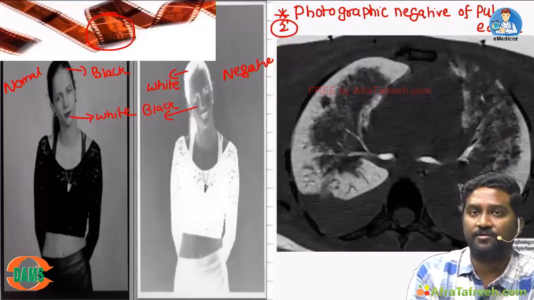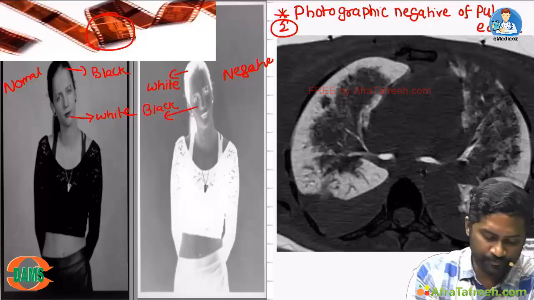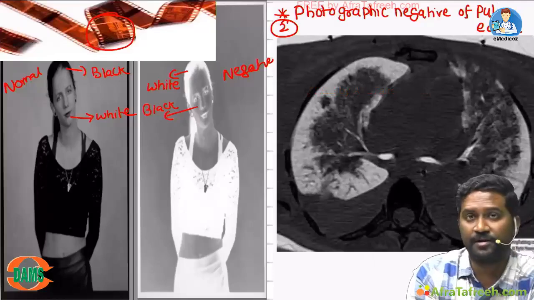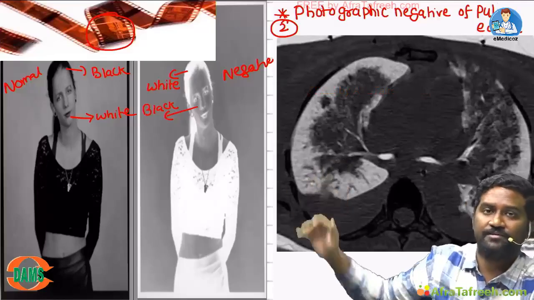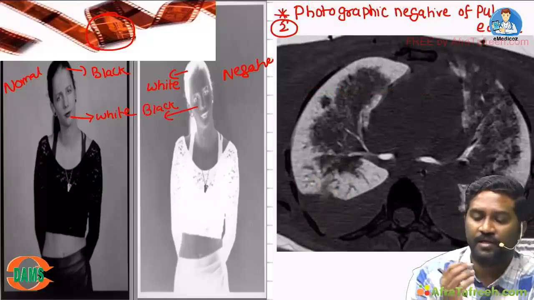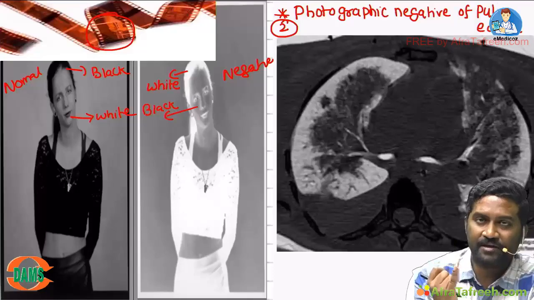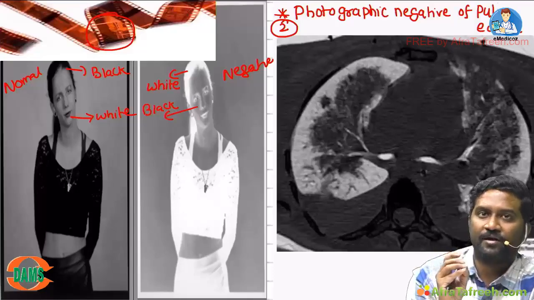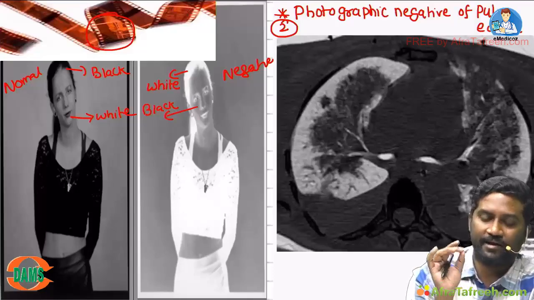When you apply a negative filter to cardiogenic pulmonary edema, it gives rise to this image, looking like chronic eosinophilic pneumonia. So the names are either reverse bat wing sign, or photographic negative of pulmonary edema.